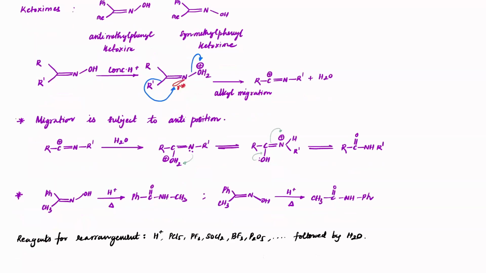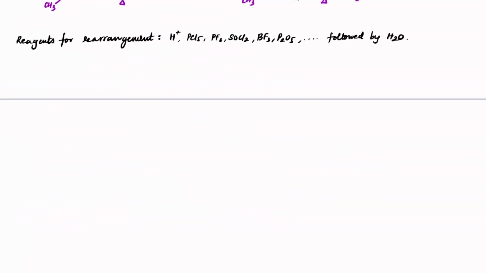Okay. Let me give a few questions here. Please check how we can solve this. Sample. Suppose you have a structure like this with a double bond, I gave you N and OH here, and I gave you H plus and H2O. Then what is the product you will report?